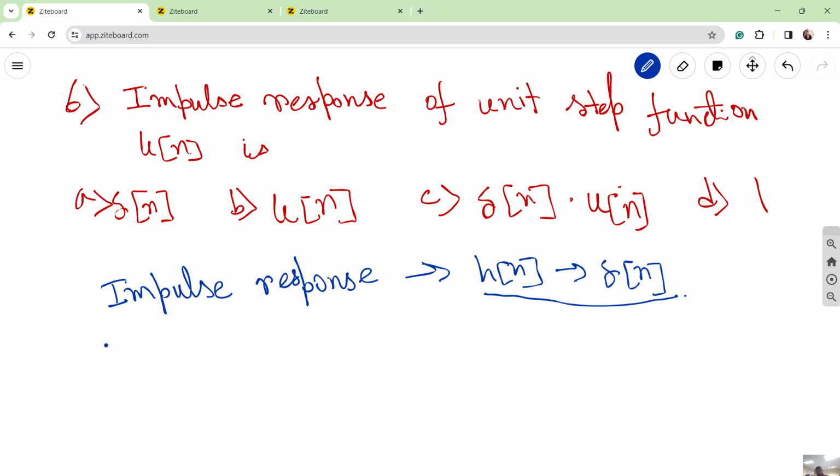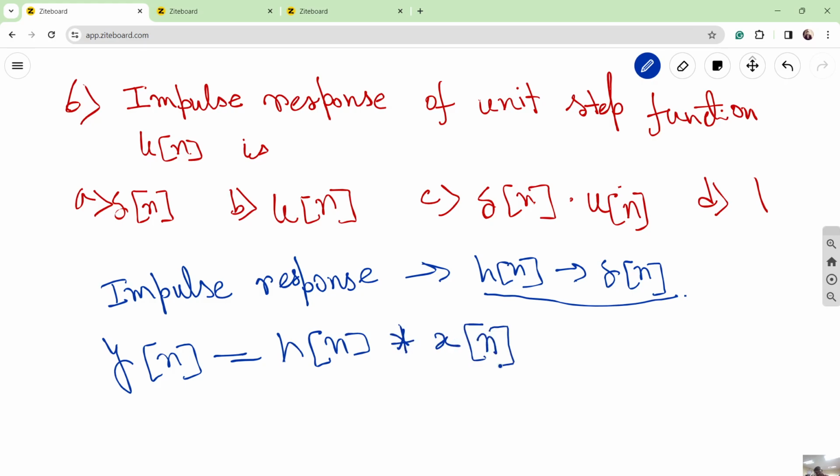So the output will always be h of n convolution x of n. And x of n is the unit step function here. So x of n equal to u of n.